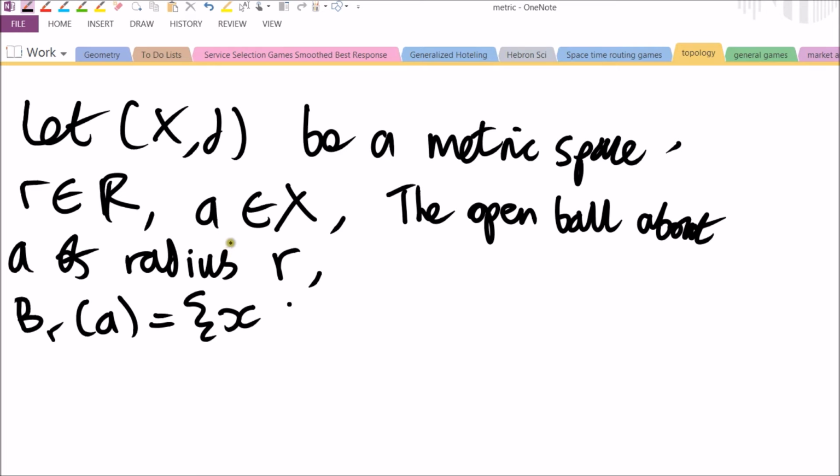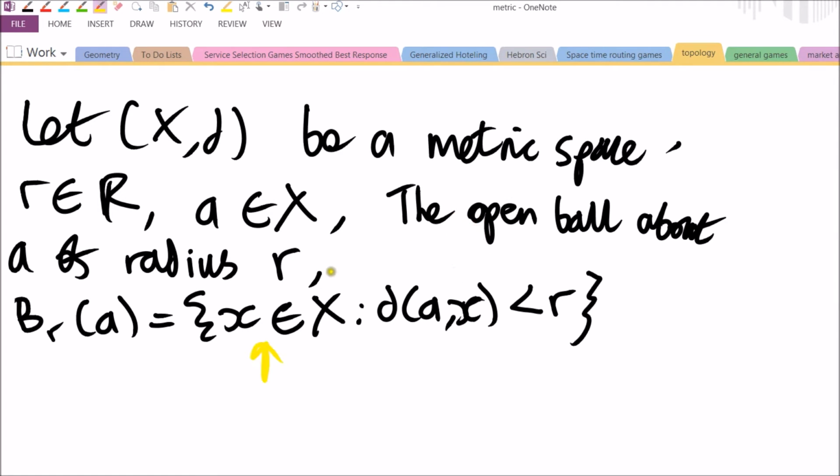So it's equal to the set of all elements x, little x, which are a member of our space, which have a distance from a which is less than r. Okay? It's the set of all points in big X such that the distance of those points from a is less than r.